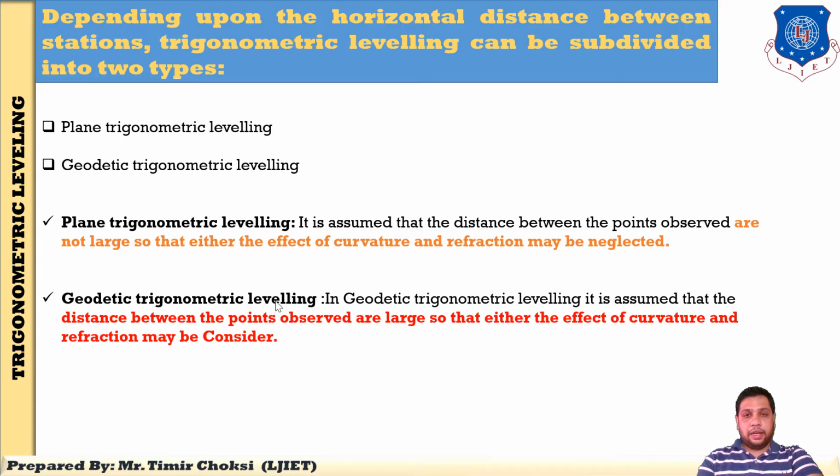You assume that the distance between the station and the object is very small, so you consider it plane trigonometric leveling. I repeat, you consider the whole chapter as plane trigonometric leveling, so all the distances given are small. So this is the classification.